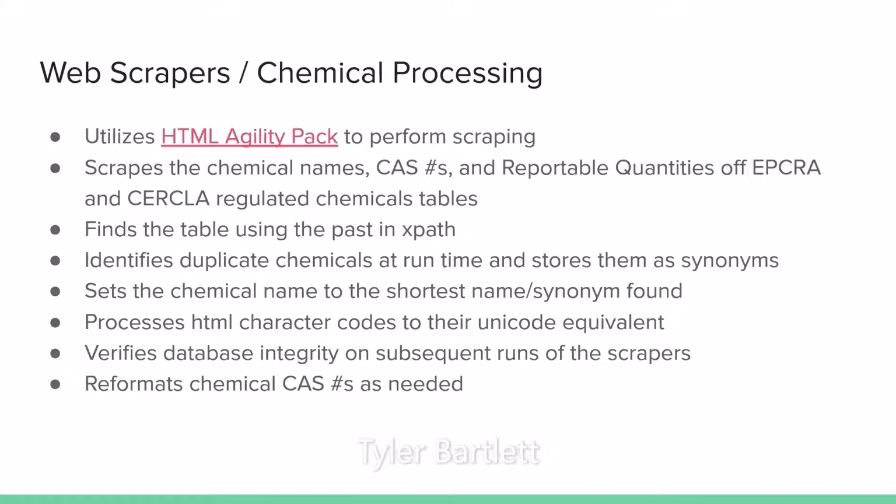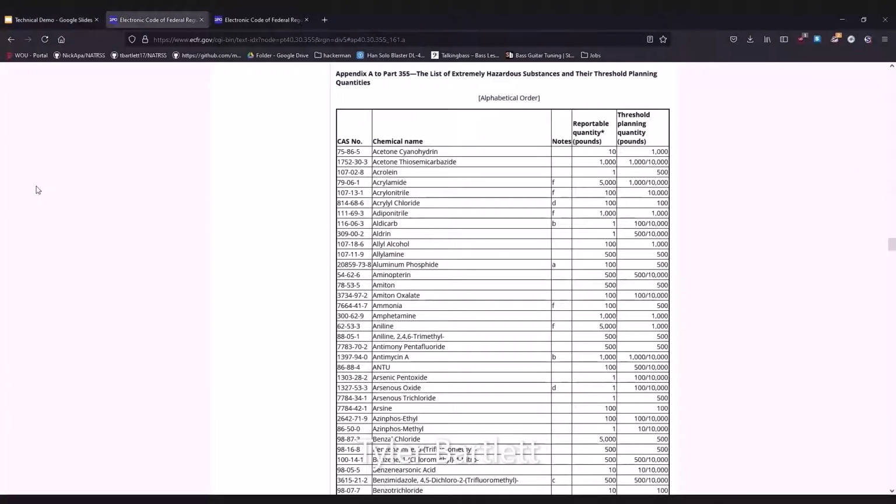The web scrapers get the chemical names, chemical CAS numbers, and their reportable quantities off of the EPCRA and CERCLA regulated chemical tables, which I'll show you now. Okay, this is EPCRA's list of extremely hazardous substances that they've published on the Codes and Federal Regulations website, their electronic binder.